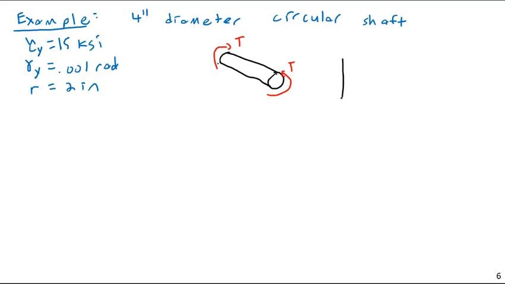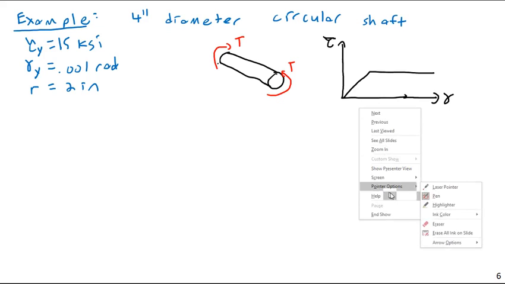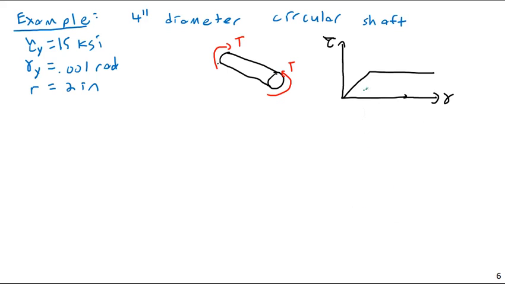So we are given this chart that linearly increases and then goes constant. This is going to be gamma and tau. We're not given our G, but we can calculate it from what we've been given. And this is going to be 0.001 radians, and this is going to be 15 ksi.